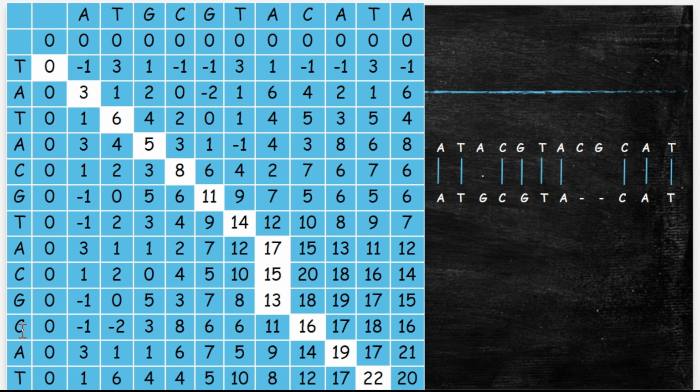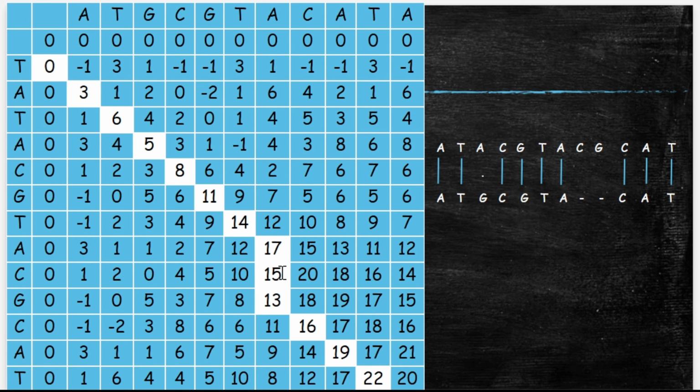Going ahead, we also check the corresponding residue, that's C to C. It's also a matching sequence. So our preceding cell is 13. And here, the corresponding residue is G to A. So we have to confirm whether it's a mismatch or our score was gotten from a gap penalty. To do that, we analyze vertical, horizontal, and diagonal.